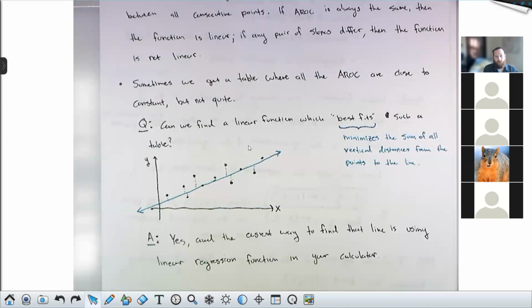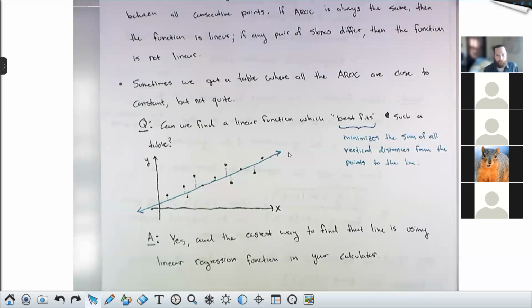Really quick, I'd like to ask you a very qualitative question, no numbers. If that data was exactly linear, what would the line of best fit be? A straight one? Certainly a straight one, right?